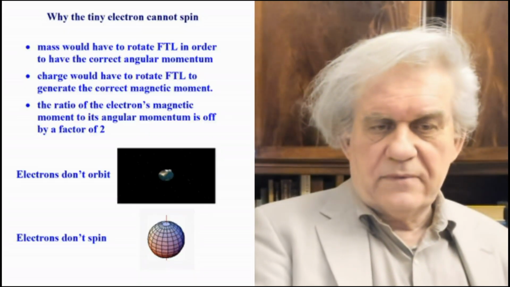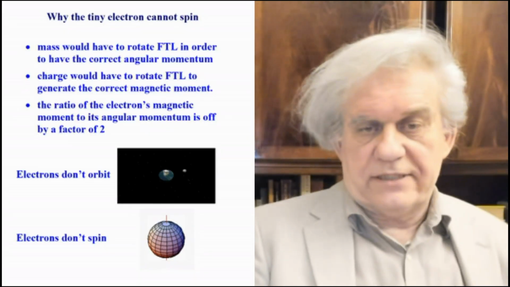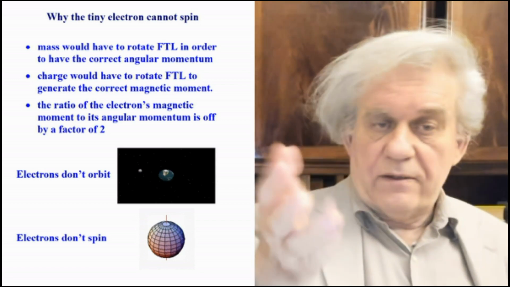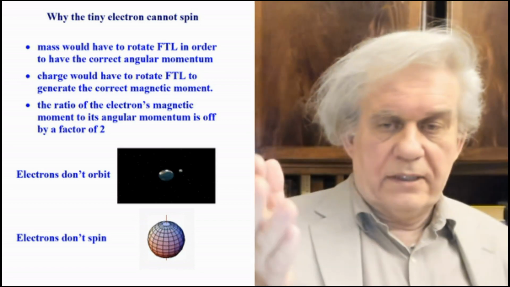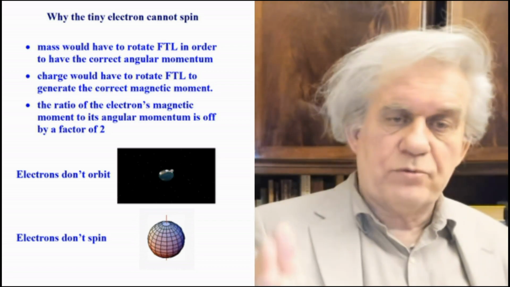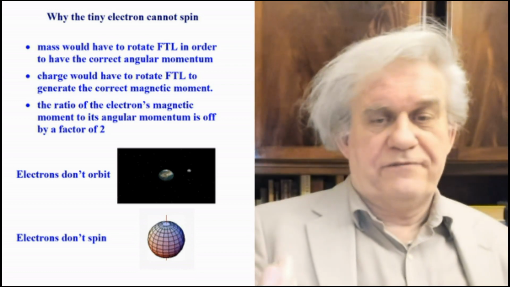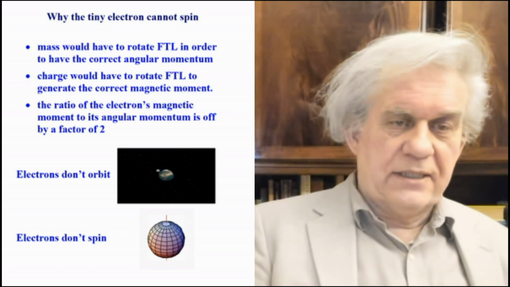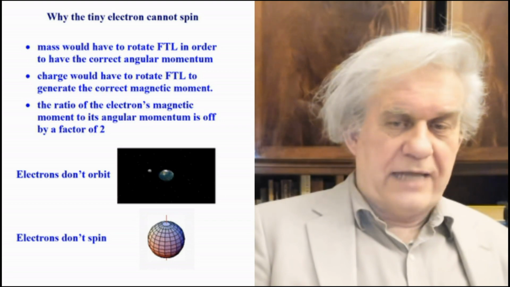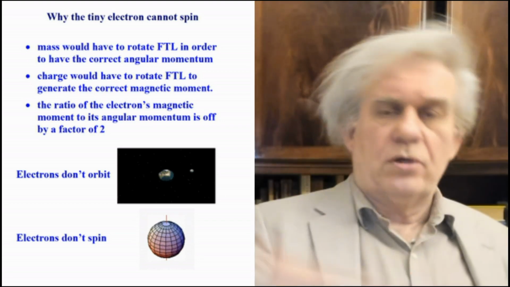So here is the conclusion from quantum mechanics, essentially, on why the electron cannot spin like a top. Mass would have to rotate faster than light. The mass of the electron. The charge, because remember, charge is a physical entity according to quantum mechanics, not a concept as it is in rational science. Charge would have to also rotate faster than light.